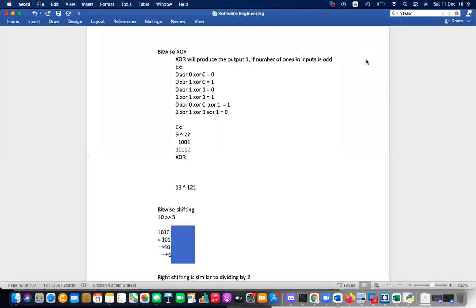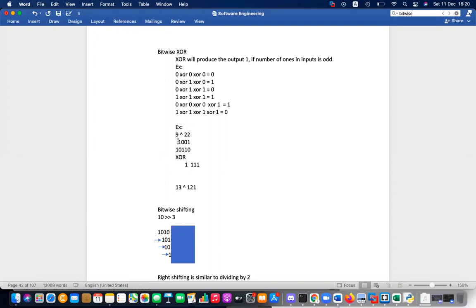Right, XOR logic is working like this. In XOR logic, you have to count the number of ones. There are 1, 0, so one 1, and that is odd, so it's 1. Then 0, 1, again odd, it's 1. Then 0, 1, odd, it's 1. 1, 0, odd, it's 1.